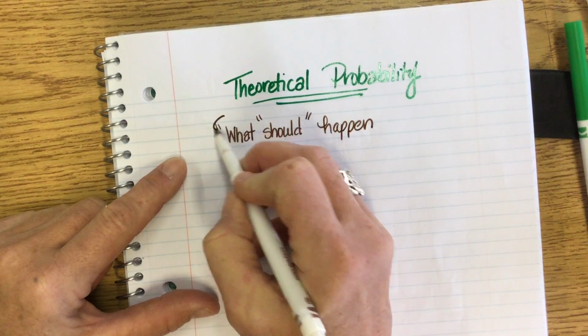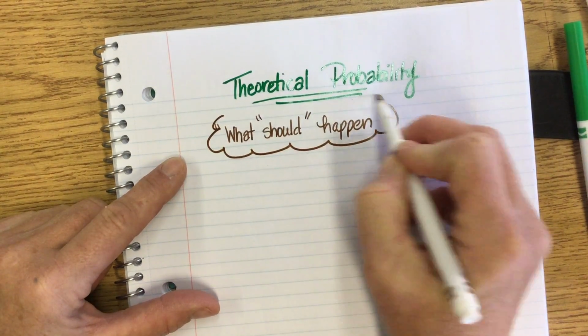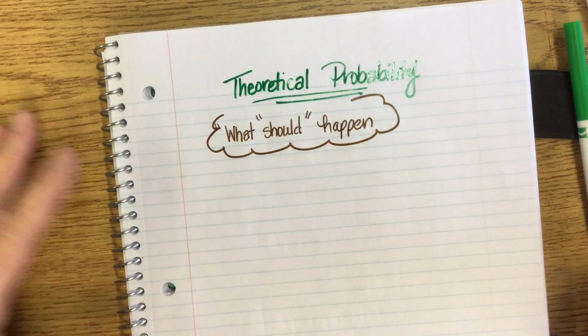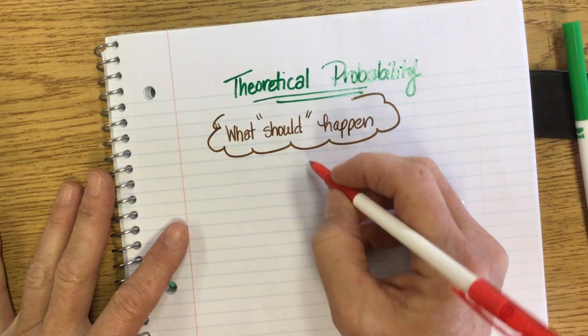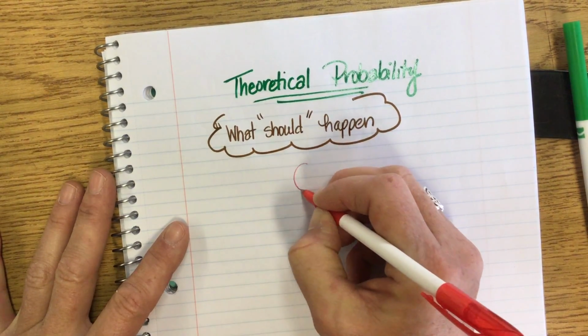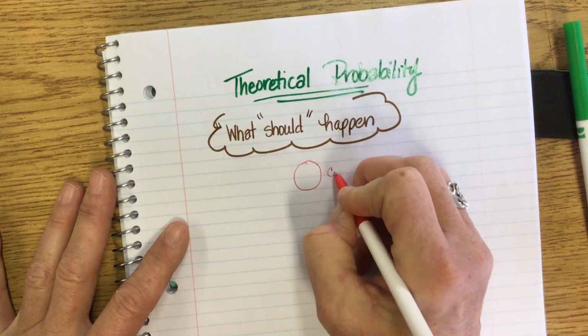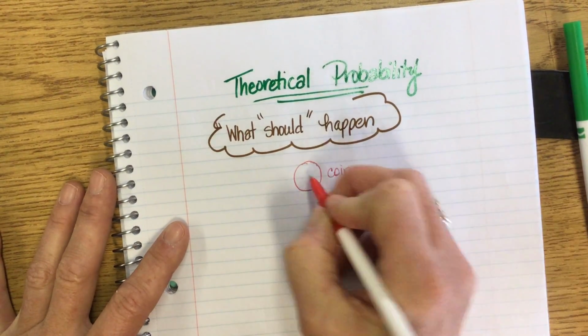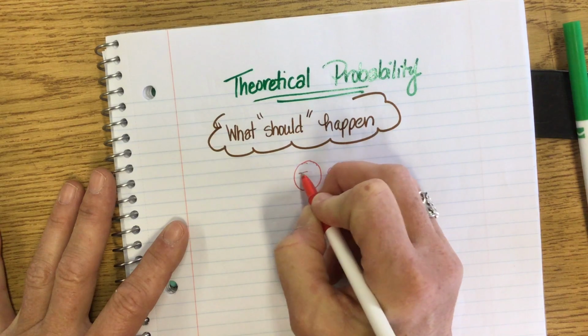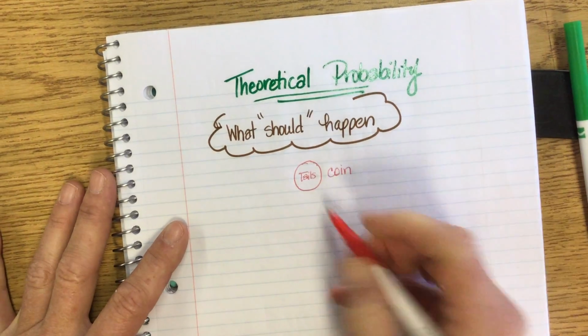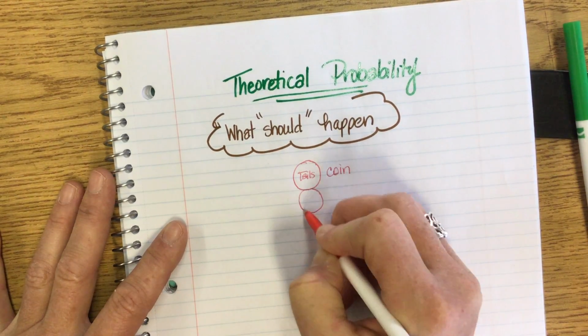So what should happen, for example, if we had a coin? Let's just say you had heads and tails.